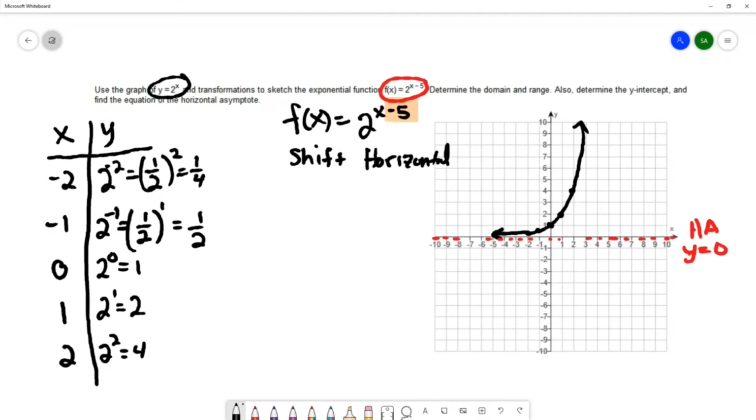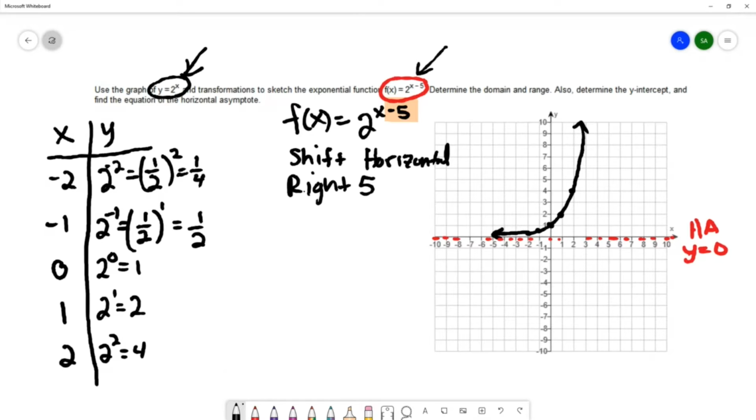Then we have a minus, so that means it's going to shift to the right. And we're subtracting 5, so we're going to shift right 5. So that means that all of the ordered pairs that I found on the graph of y equals 2 to the x will shift right to be on the graph of 2 to the x minus 5.